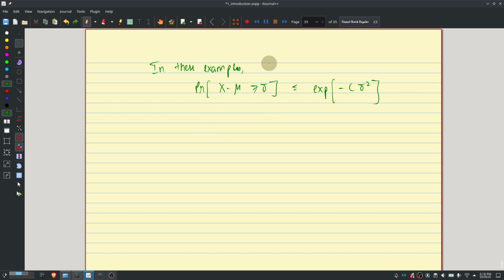So random variables which satisfy this are what are called sub-Gaussian random variables. And we'll study sub-Gaussian random variables in more detail as we go along. By default, Gaussian random variables are sub-Gaussian by definition. In fact, that's why these are called sub-Gaussian random variables, because they have tails that behave like Gaussians.